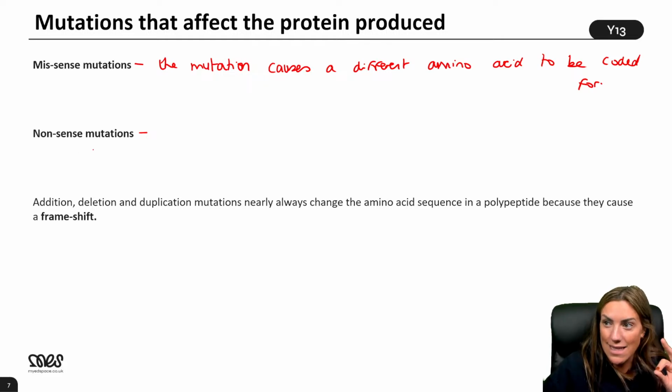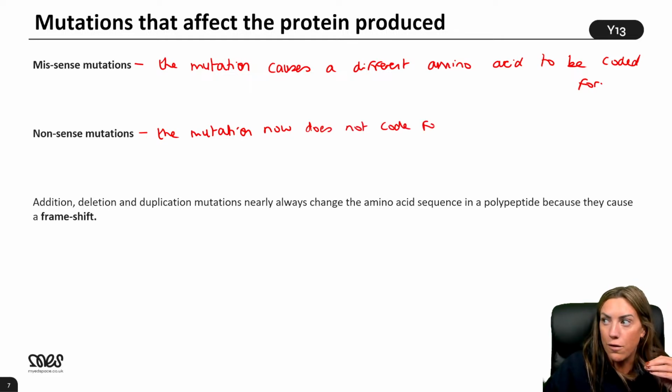A nonsense mutation is where the mutation now does not code for an amino acid, but is a stop codon.